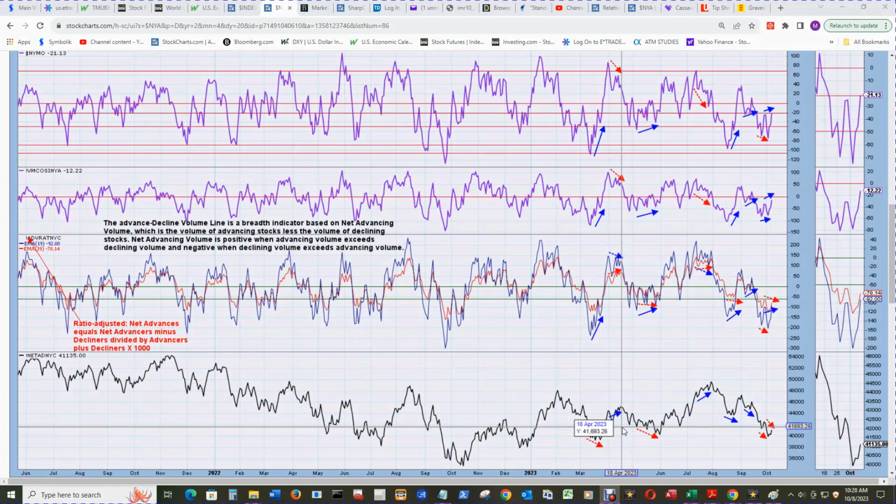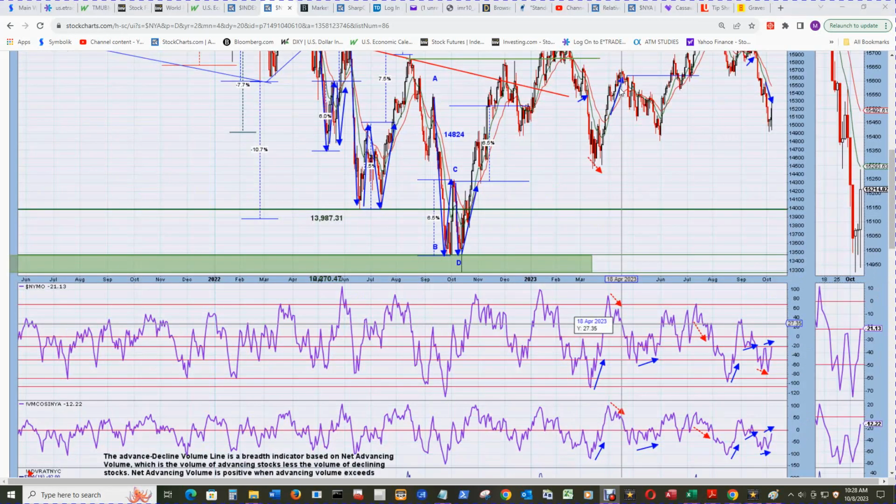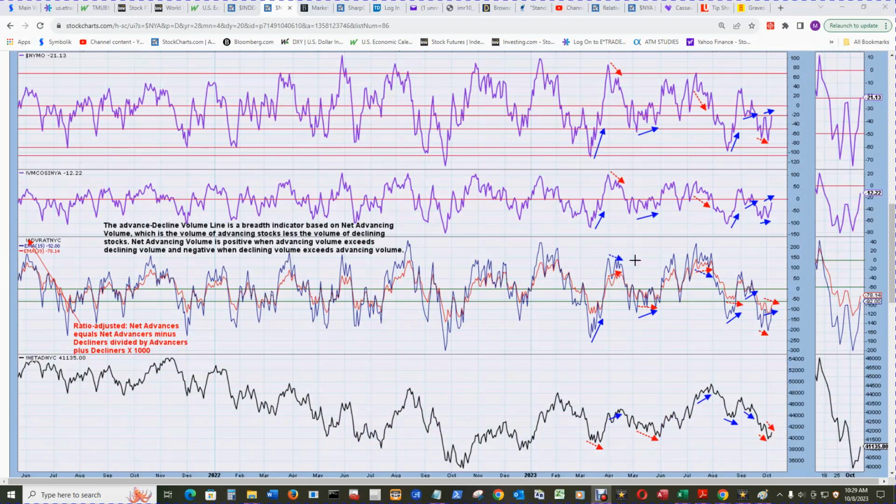And again, starting in the bottom window, New York stocks only, you can see the blue arrow here pointed up for bullishness. But then the breadth oscillators and volume oscillators were pointed down for an early warning that there's downside to come. And again, up here in price, there was a couple more days, and then it finally melted down.